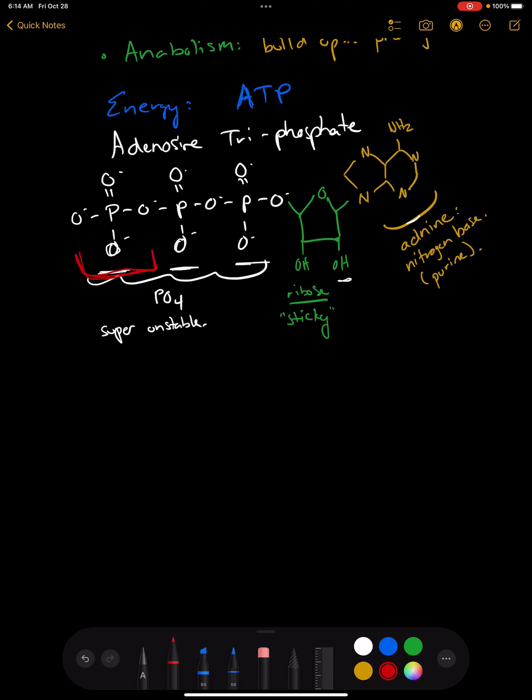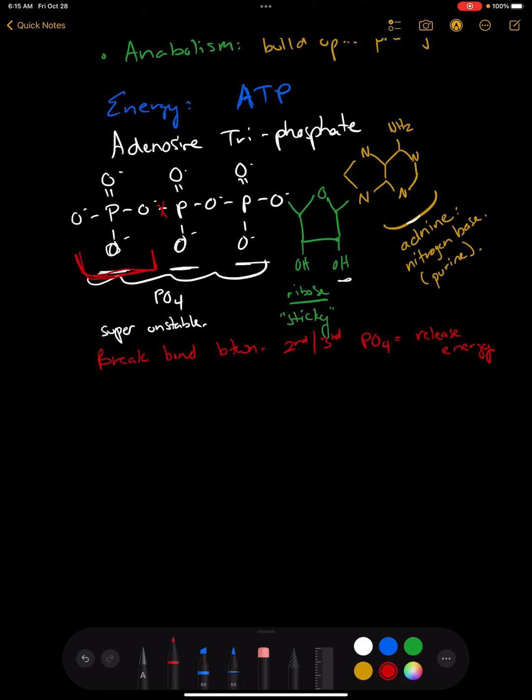And so whenever I break this bond right here, so what I'm going to do is I'm going to break the bond between the 2nd and 3rd phosphate. When I do that, that's going to release energy.